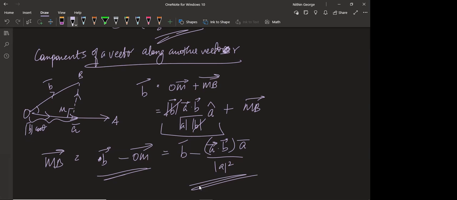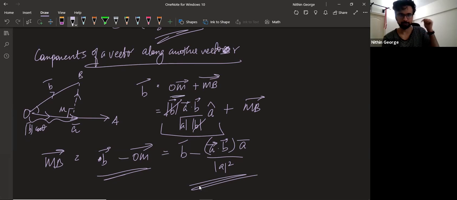So B vector will have two components: OM component, which is along A, and MB component, which is not along A. The perpendicular component won't make any change to that A component, right? That's the idea.